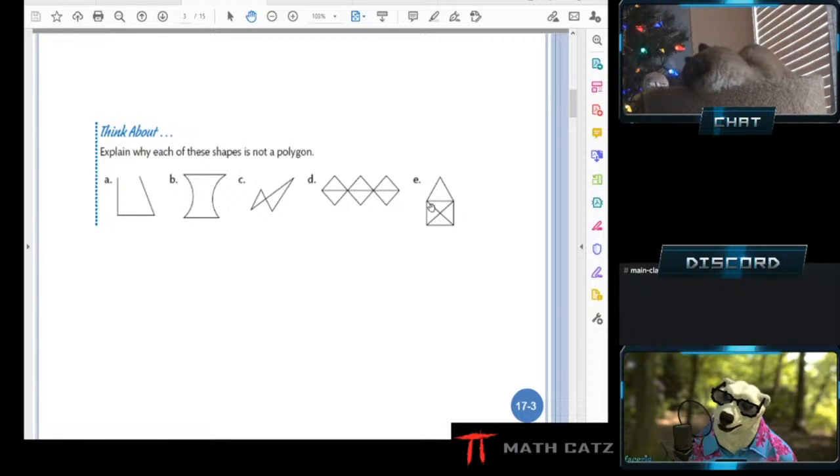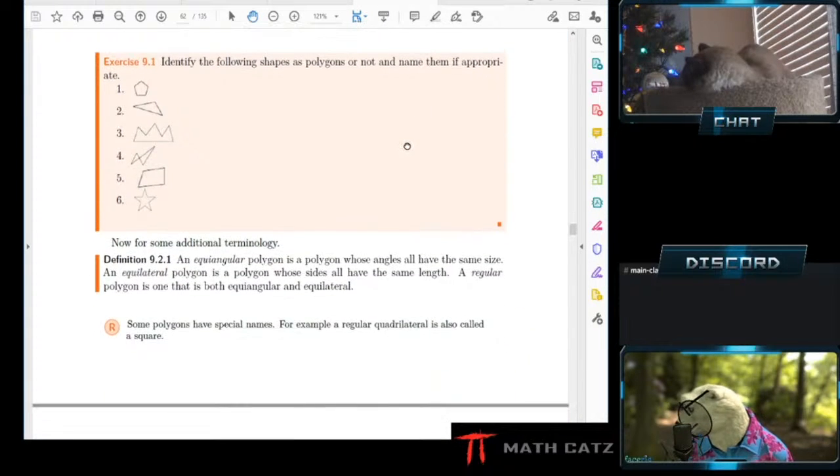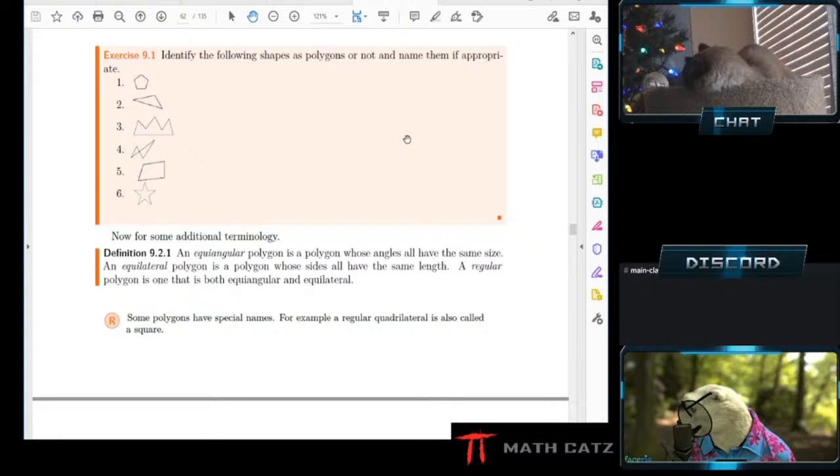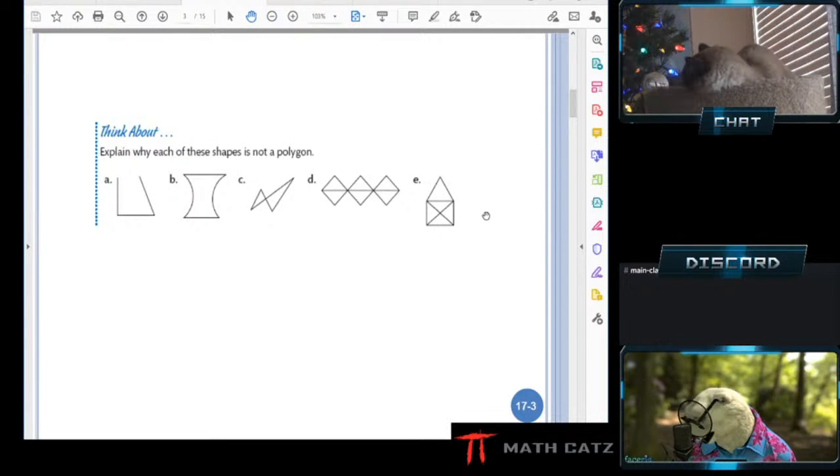You have a reuse of points for more than just 2 line segments. Not a polygon. In exercise 9.1, I want to identify if the following shapes are polygons or not and name them. We haven't done the naming yet, so we'll come back to 9.1 in a second.